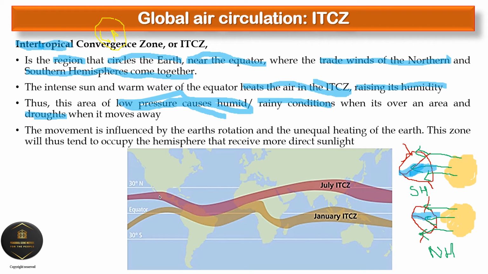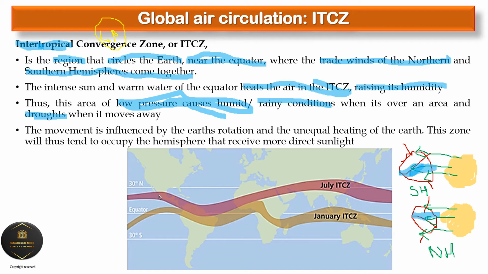And remember, when it migrates with the seasons, it also migrates with the anticyclones. Because when it comes to the southern hemisphere and meets the anticyclones that are found at the 30-degree line of latitude, which is the subtropical high pressure belt, these pressure belts are pushed further south.